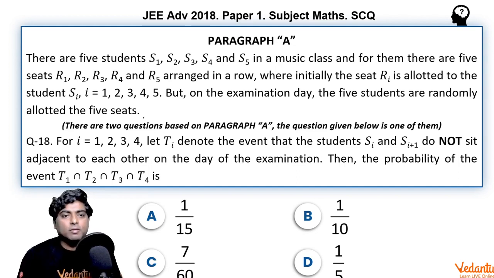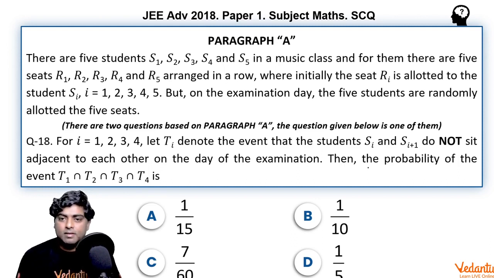Now coming to the second problem with the same common paragraph, Ri allotted to Si for every i, 1, 2, 3, 4, 5. So they are asking about, now the question number 18, for i equal to 1, 2, 3, 4, let Ti denote the event that the student Si and Si plus 1, means S1 and S2, similarly S2 and S3, S3 and S4 and S4 and S5, do not sit adjacent to each other on the day of examination.